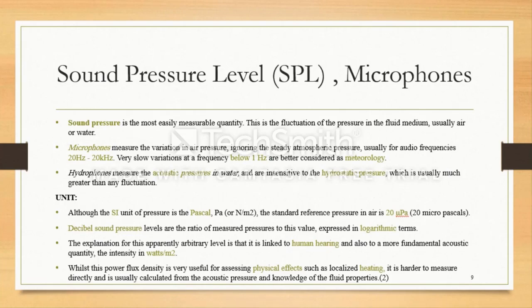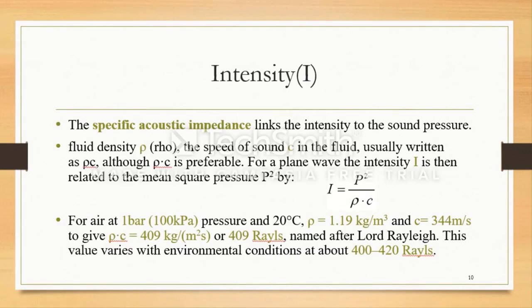But it is hard to measure directly and is usually calculated from the acoustic pressure and knowledge of the fluid properties. Intensity: to measure intensity, we need three important parameters: P, pressure; rho, fluid density; and c, the speed of sound.